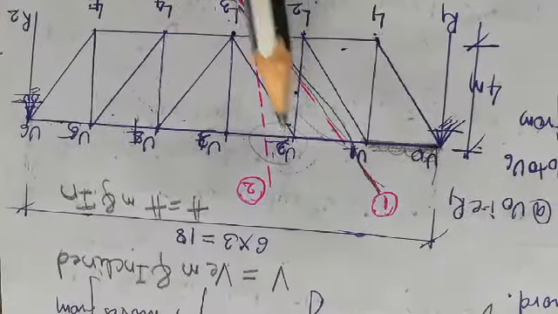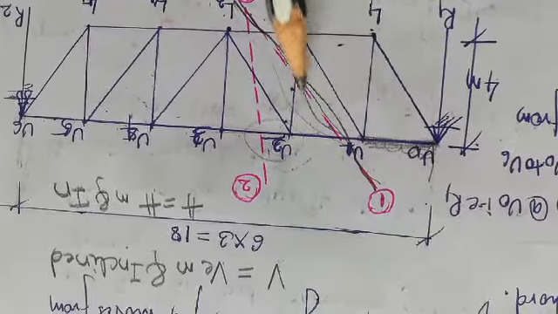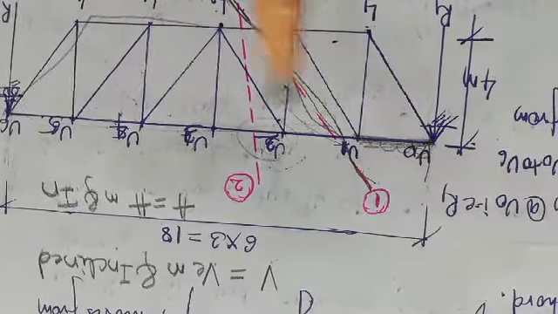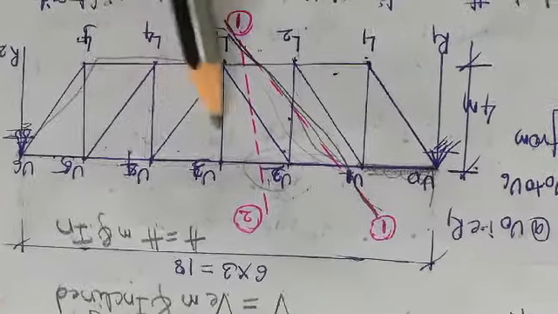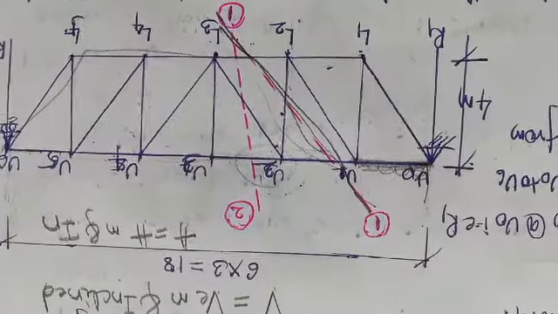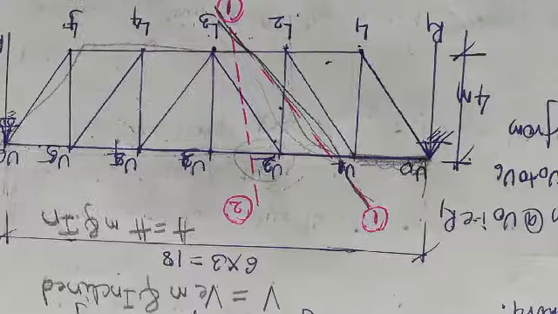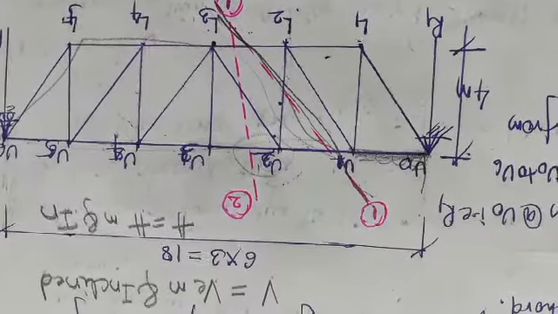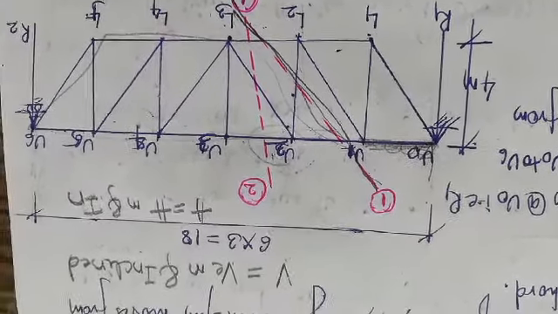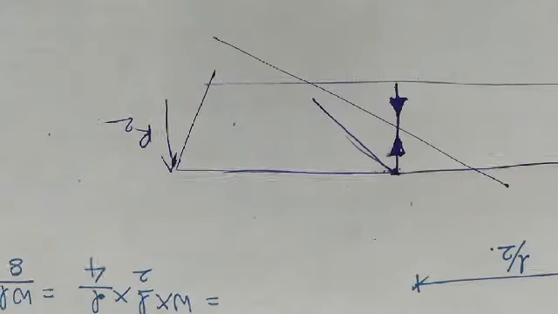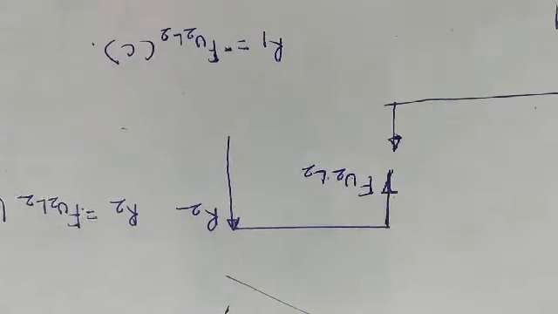If I cut this section here, what will remain? This part will remain for my analysis. Here I have to take into consideration U2, L2, so I draw the free body diagram for it. I will get somewhat like this.